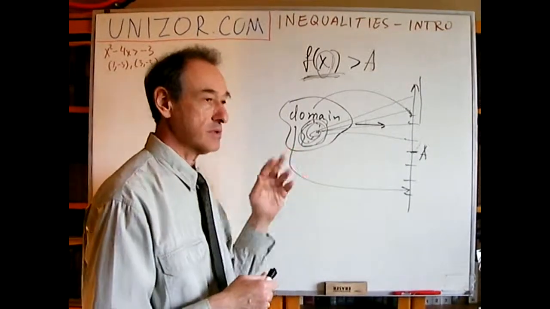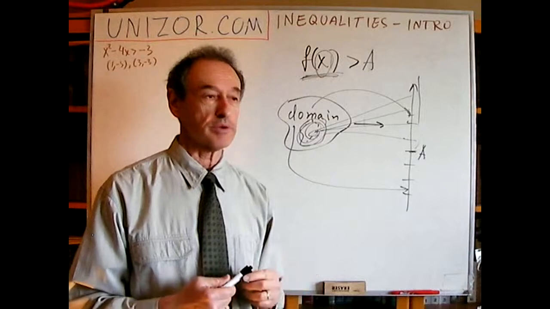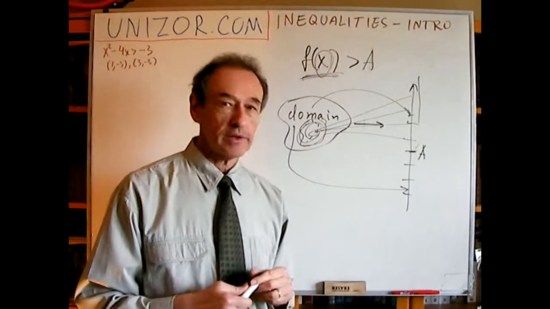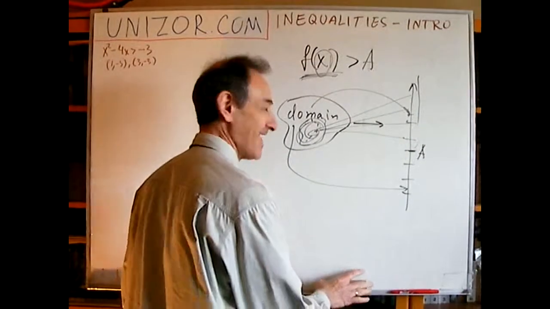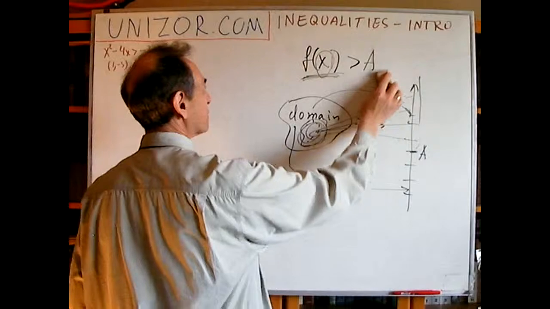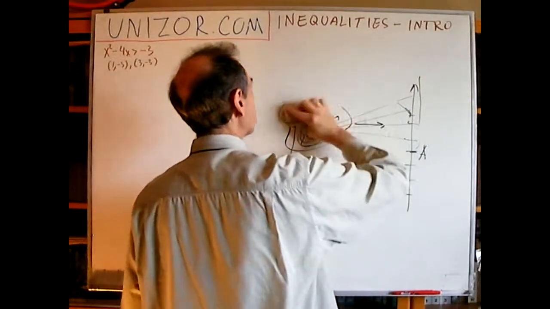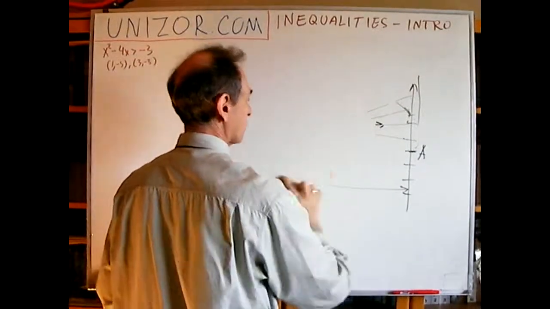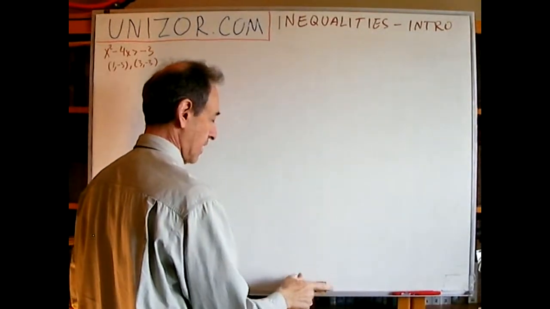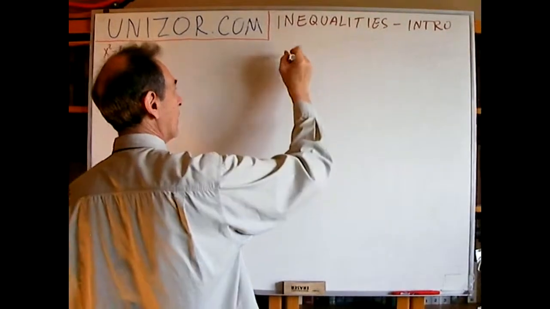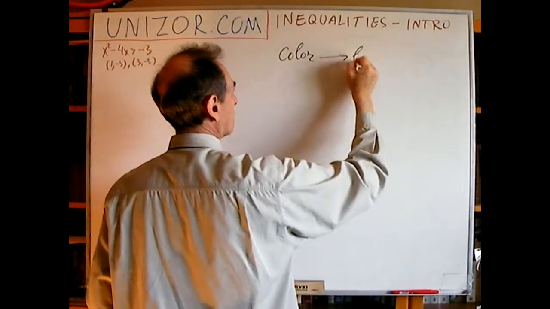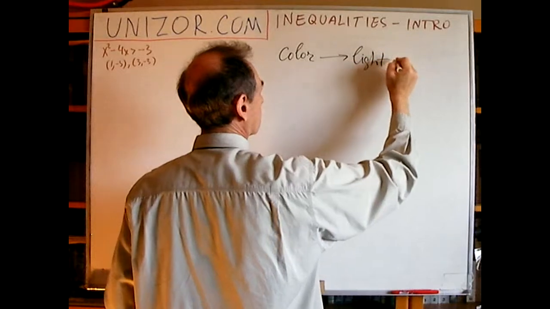Now, how about the domain? Should the domain be ordered? Well, not necessarily. And here, which is unusual, but that's actually true. Let's consider a completely different example of a function. The function is color, light frequency.